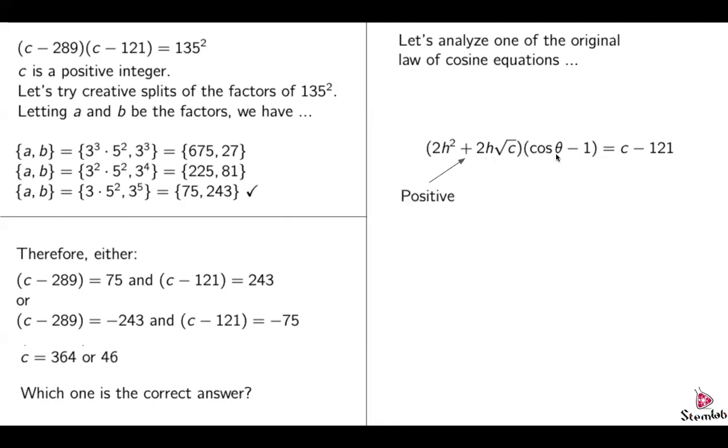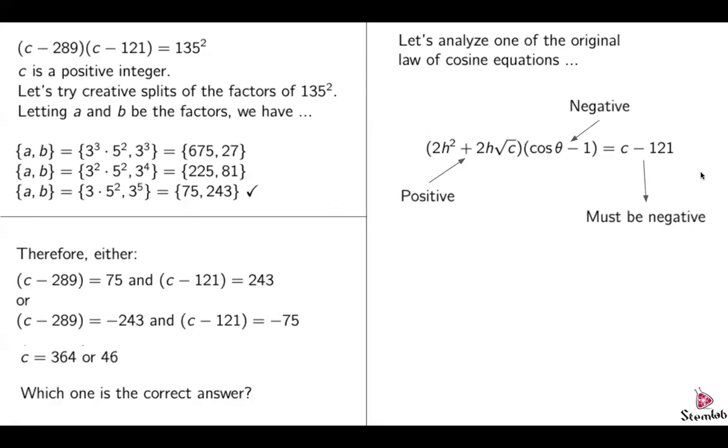Cosine, we also know, should be from -1 to 1. In this case, it should be strictly between -1 and 1, which means that this second parenthesis should give us a value which is negative.